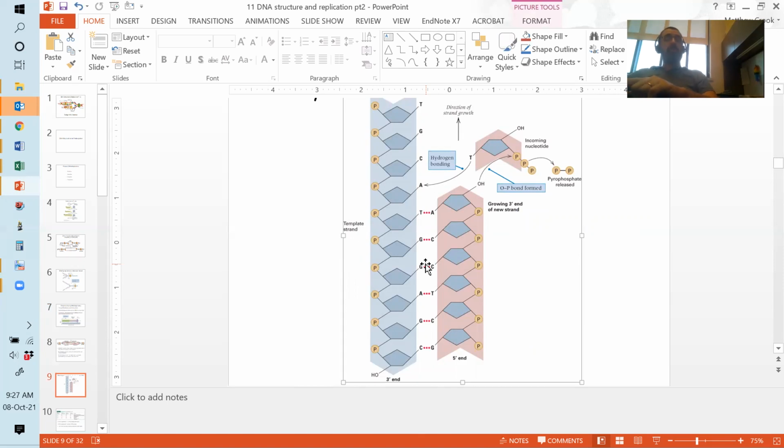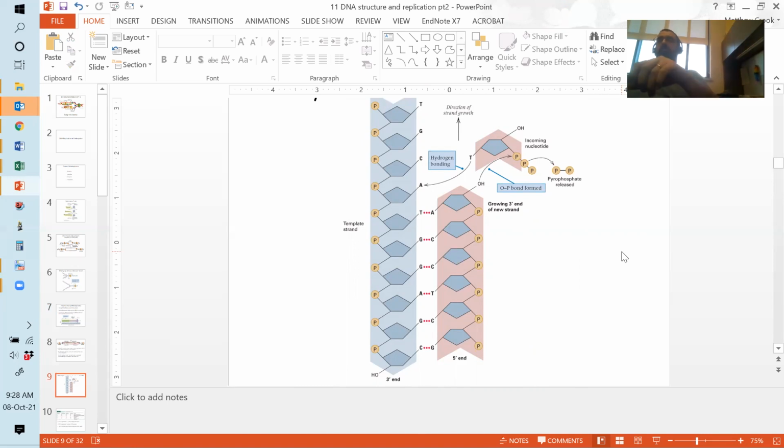It's part of, but not the whole part of why we don't get a huge amount of mutations every single time we copy our DNA, which is thousands of times over your lifespan from being a zygote to being an old man or a woman.